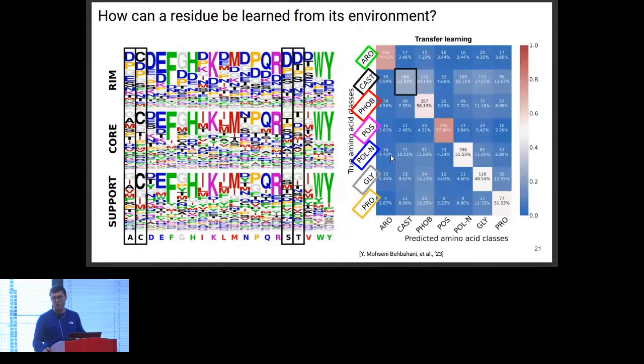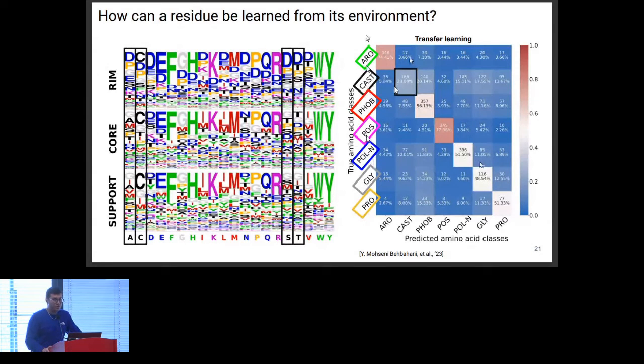The task was multi-class classification to find the class of the amino acid masked from the environment. And we observed similarity between these tasks and our previous evaluation, particularly for the aromatic class, positively charged amino acids, polar and negatively charged, and hydroxyl containing and alanine classes.